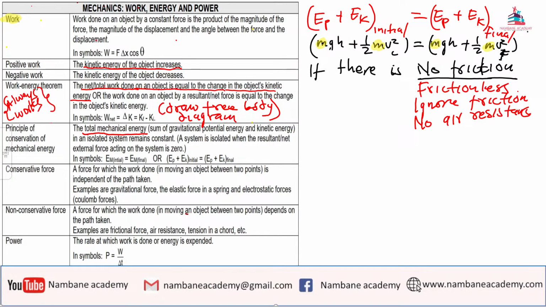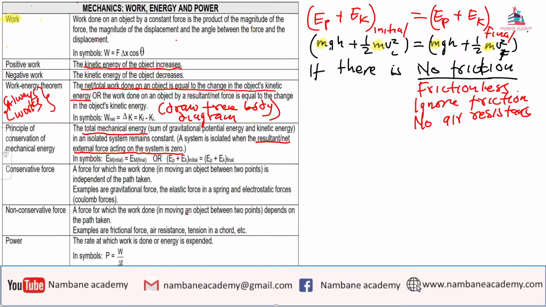It further says, a system is isolated when the resultant force or net external force acting on the system is zero. It is an important definition that has been assessed over and over again. Learners are not getting it right. So remember, you must also be able to define what an isolated system is.